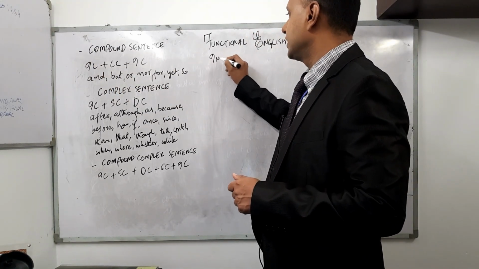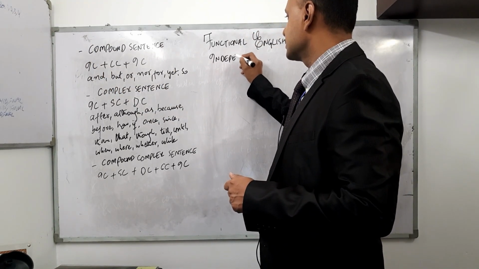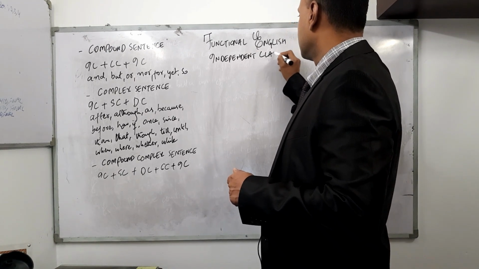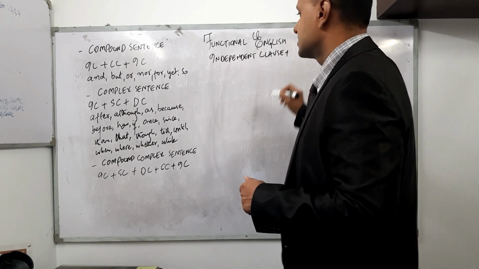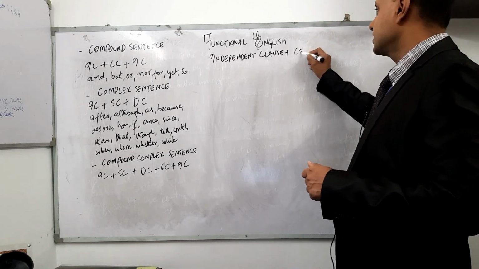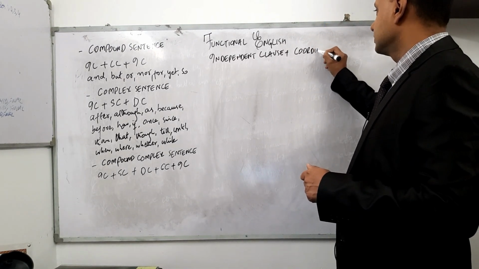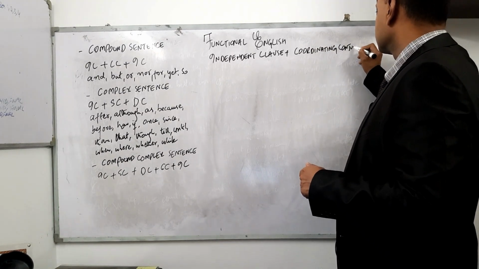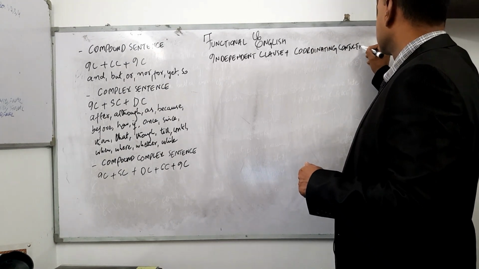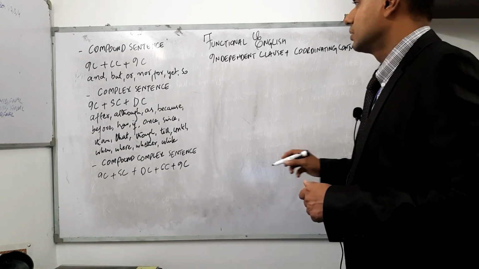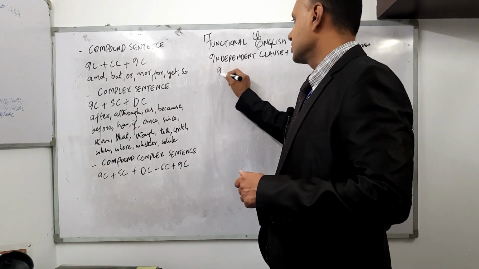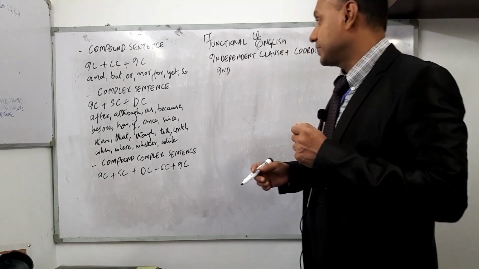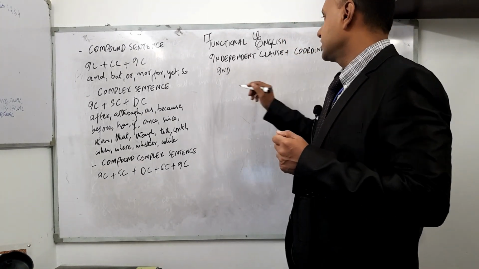The formula for this one is you put an independent clause first, plus a coordinating conjunction, plus an independent clause. So there are two independent clauses, co-joined by a coordinating conjunction.